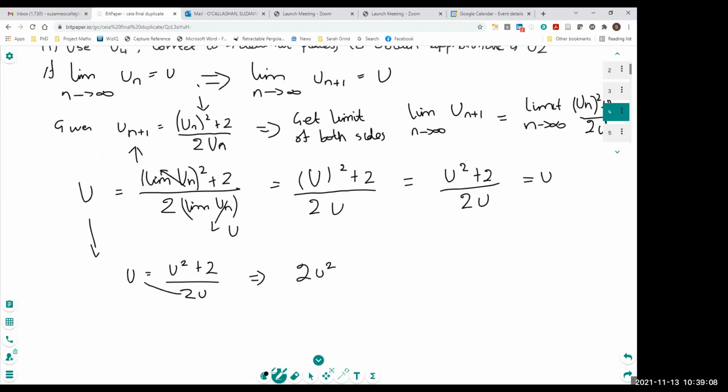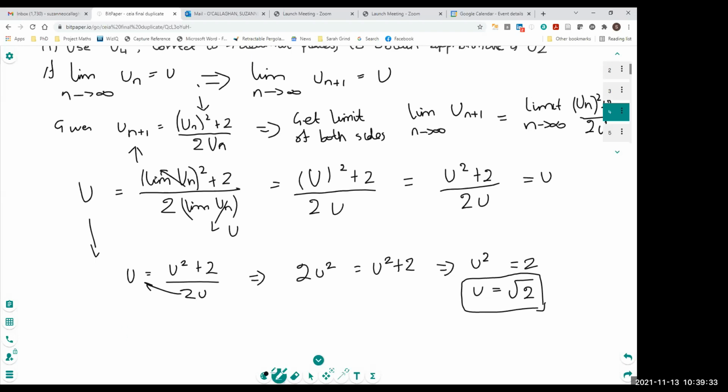We cross multiply. Is equal to u squared plus 2. U squared is equal to 2. So u is equal to square root of 2. So that's your value of u is equal to the square root of 2.